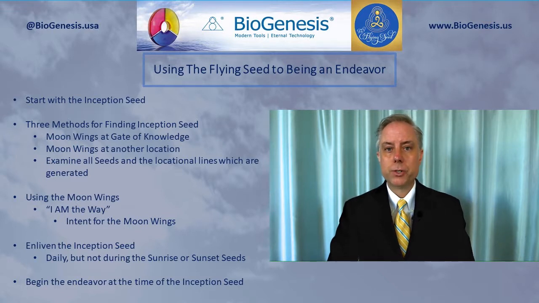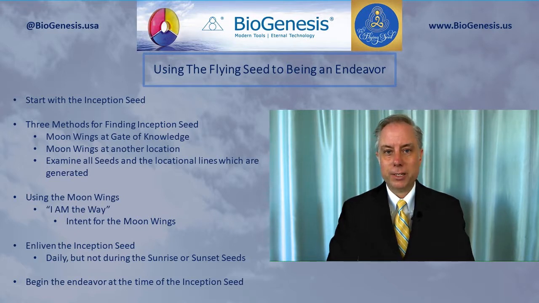Let's say that you're going to start a business and you want to know what the inception seed is. You have 3 methods for selecting this. 2 of them involve the moon wings, 1 does not. So the first and best method is go to one of the gates of knowledge. The gate of the West, the gate of the East. The West is in Los Angeles, the East is in Taiwan.